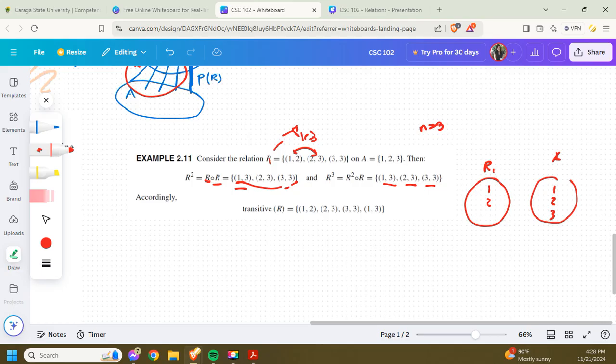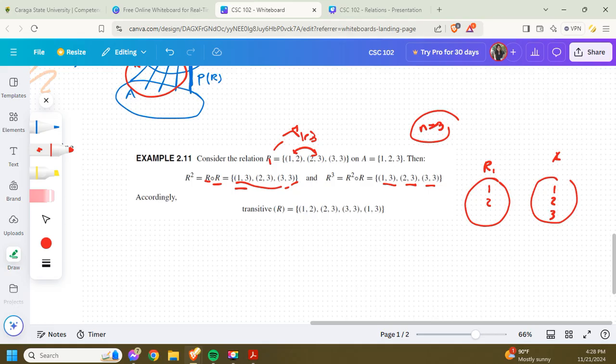So again, to get this, you need to find the number of elements in A. That will be your basis for your N. So since you have 3, you need 2 more R's, no? R2 and R3. And then to get R2, you need to find the transitive relations of R1. And to get R3, you need to get the transitive relations of R2. Okay?